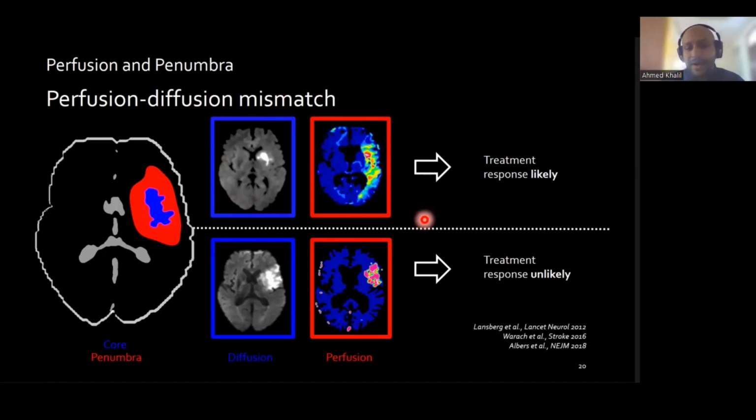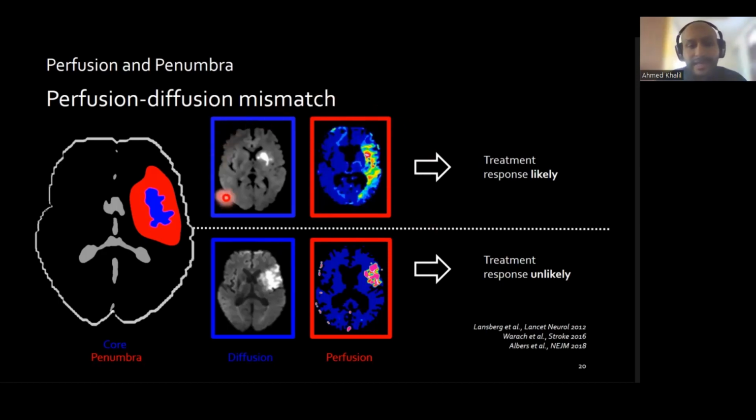Anything beyond that requires advanced imaging. You have to then prove that this patient specifically has tissue that is amenable to being salvaged.